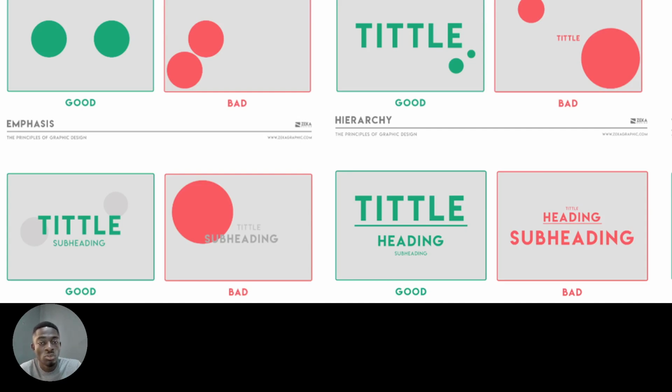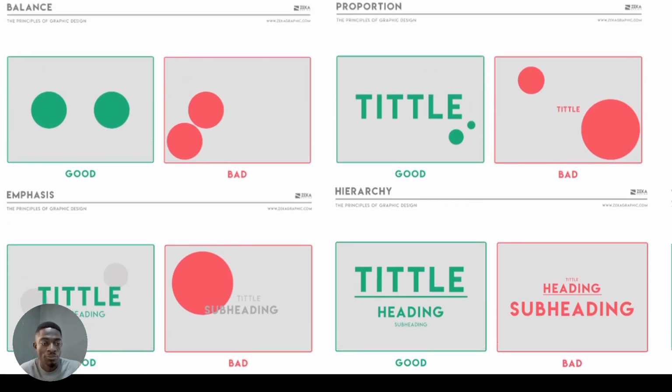If you want to know how emphasis works, just search for movie poster designs, and just try and understand the balance and how the emphasis works with it. You'll be able to get a clearer picture of that.